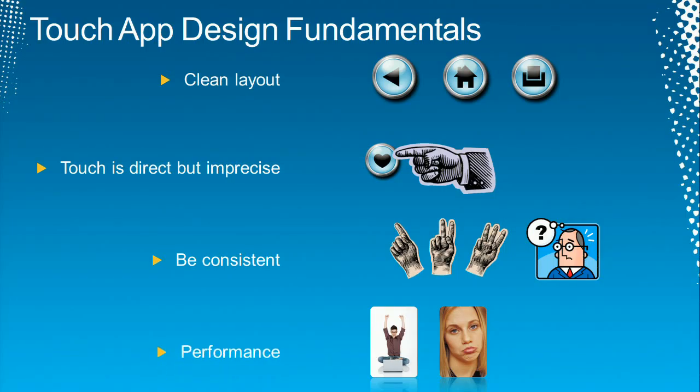And performance, and this is really critical, especially since we talked about the different class devices here, all the way from a low-end netbook class up to a beefy laptop class. Performance is critical. If people see lag, or they're not getting feedback from the touch, they'll have a poor experience.